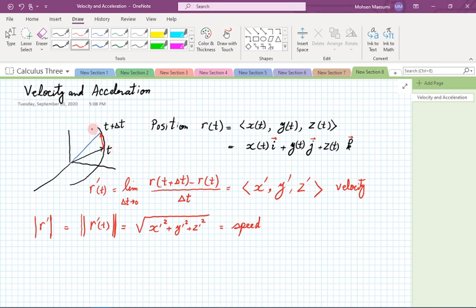So as we go around, of course, we have the velocity. If I am going on this path, velocity is going to stay as a vector that is tangent to this path.